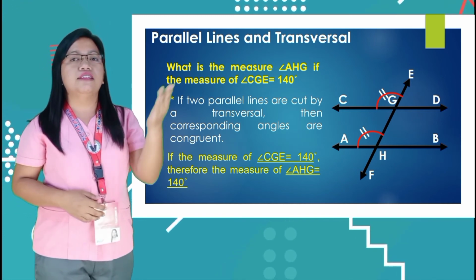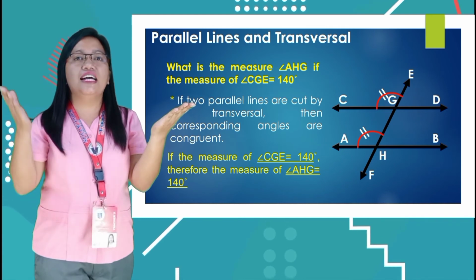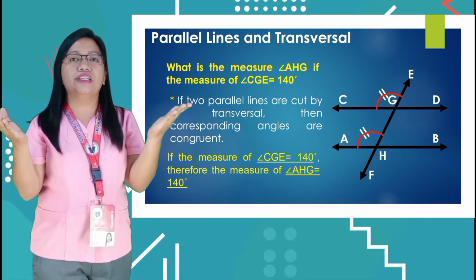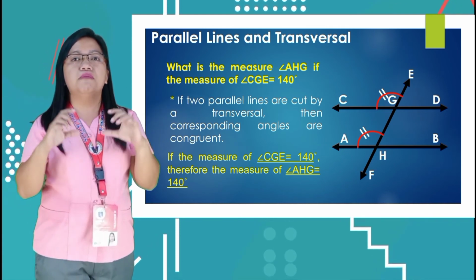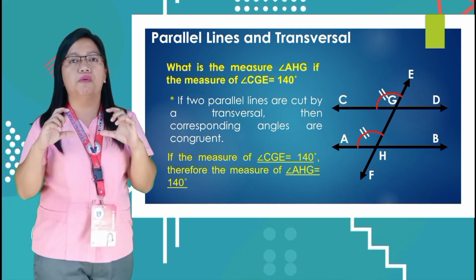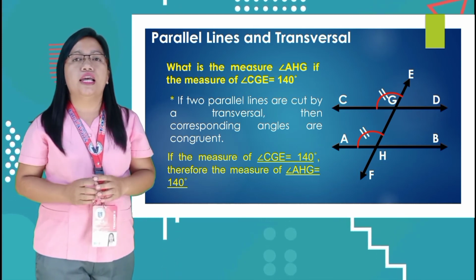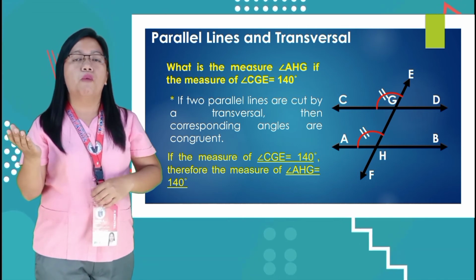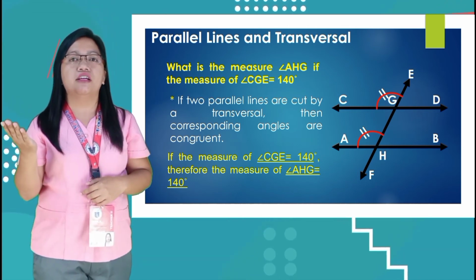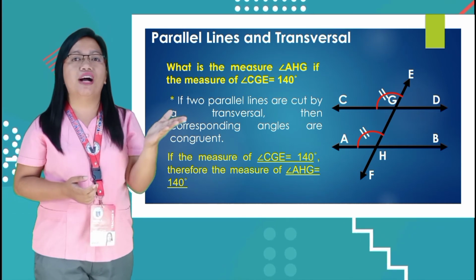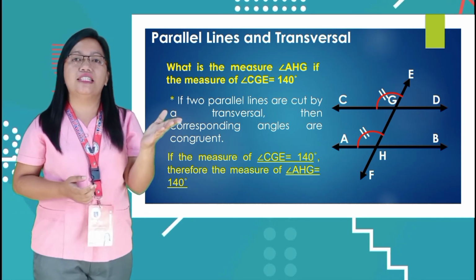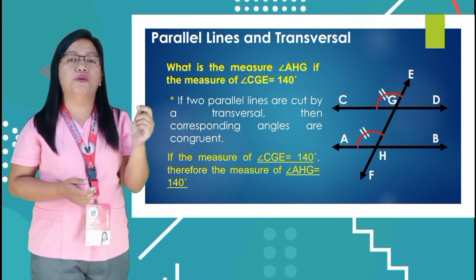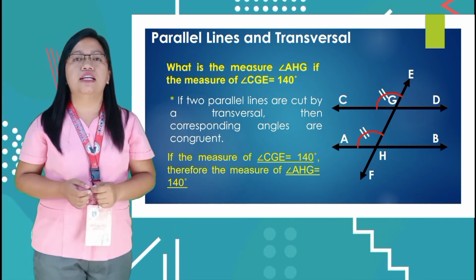Since angle CGE and angle AHG are corresponding angles, it means they are congruent. Therefore, if angle CGE is equal to 140 degrees, the measure of angle AHG is also 140 degrees.